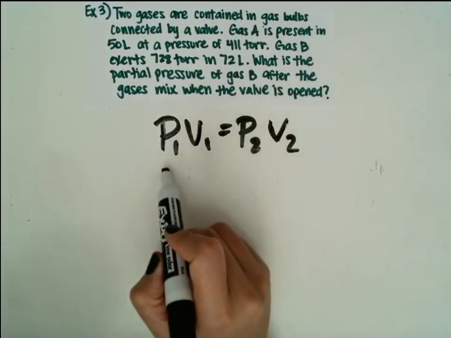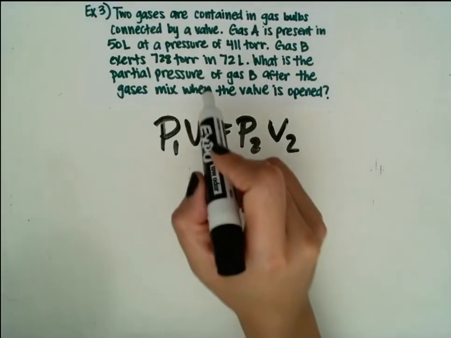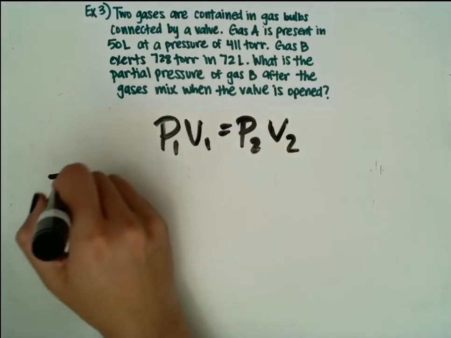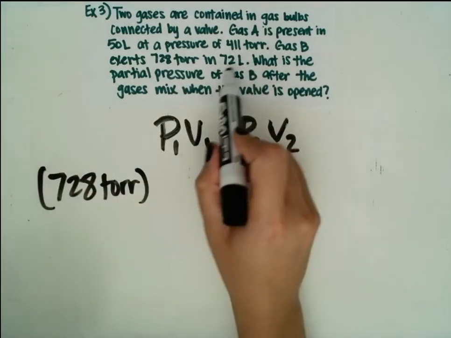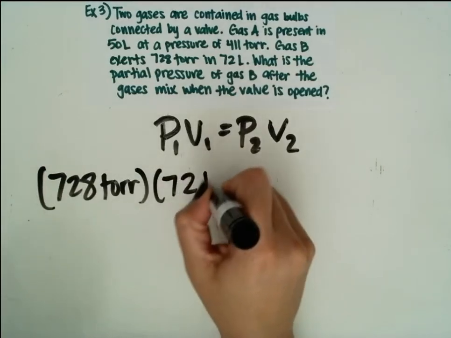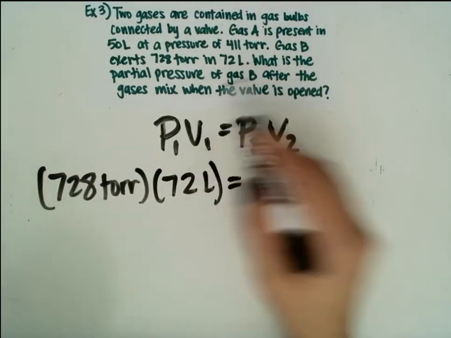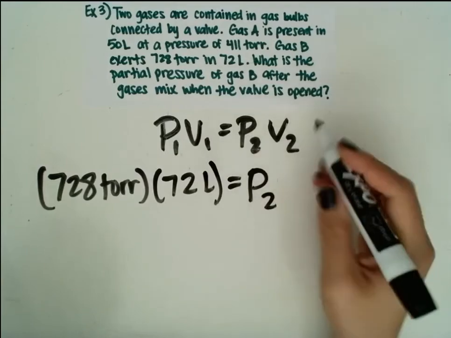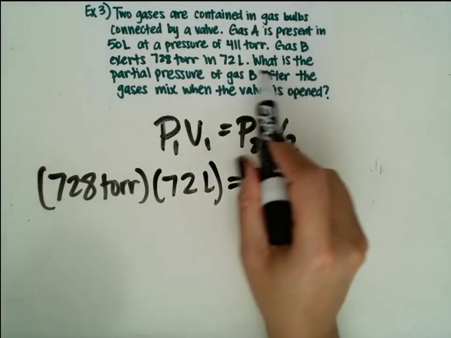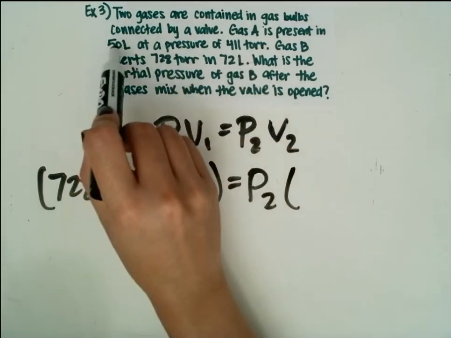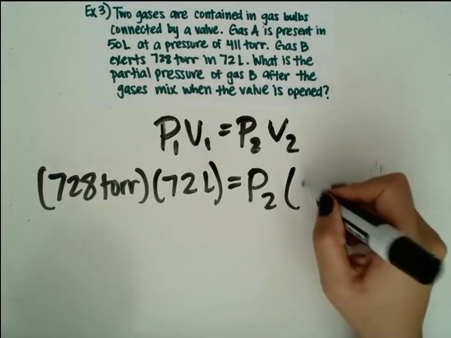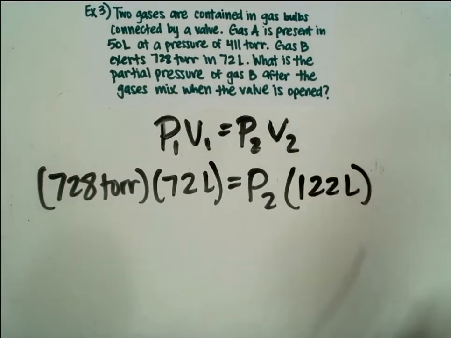So P1 is going to be 728 torr. V1 is going to be 72 liters. We're solving for the new partial pressure of gas B, and the new volume is going to be 72 plus 50, so that's going to be 122 liters.